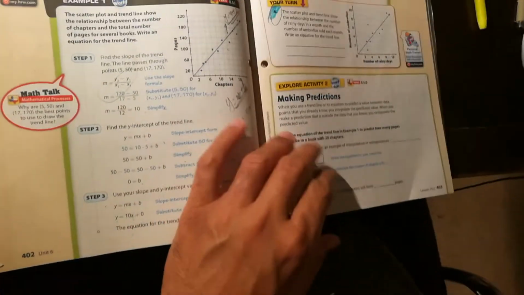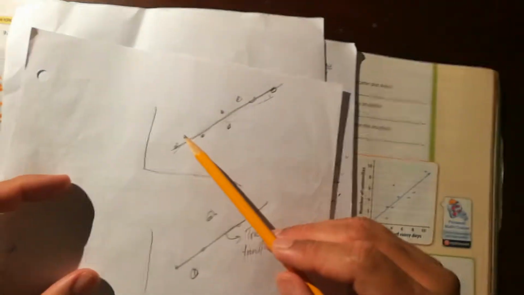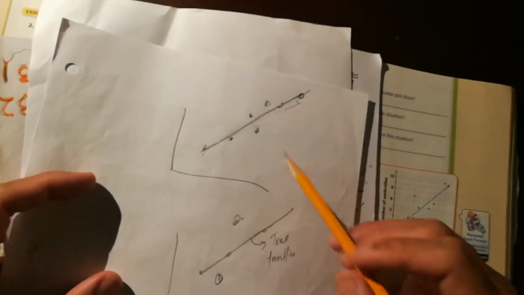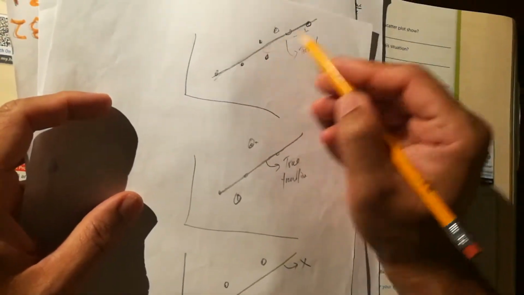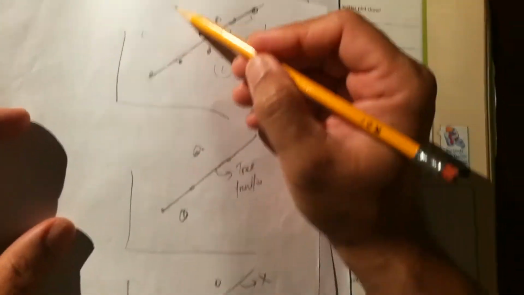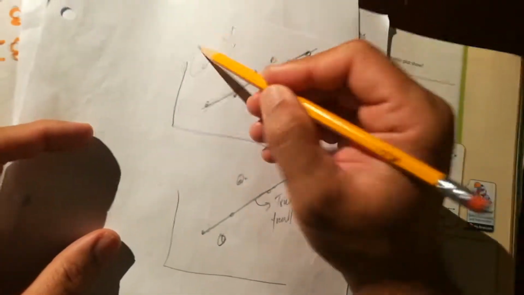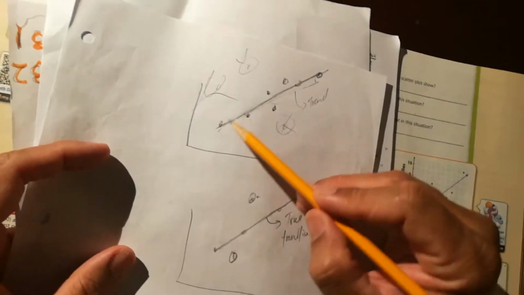The 2 principles in a scatter plot that we need to be careful about are that a scatter plot has points that do not fall on a straight line, but you can make a trend line out of the points. You need to avoid the outliers, which are points that are far away. Don't consider those, but draw a trend line in such a way that it captures a relationship between x and y.